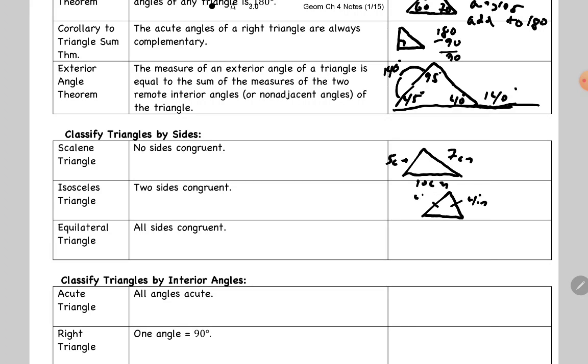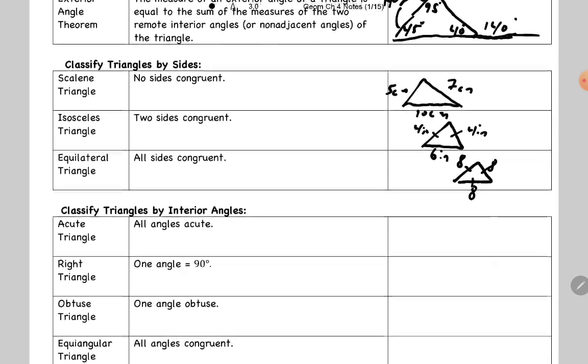So 4 inches, and those tick marks mean that those two sides are congruent. And then, let's say, 6 inches. And then an equilateral triangle, let's see if I can draw that. I can't. But all sides would be congruent. So that would be 8, 8, 8.